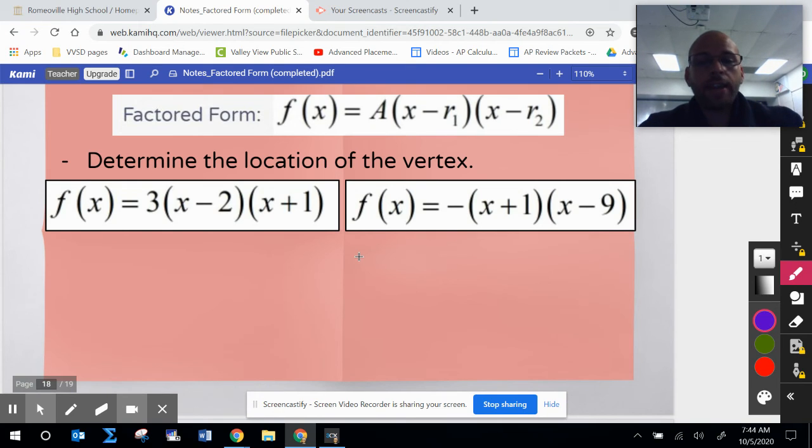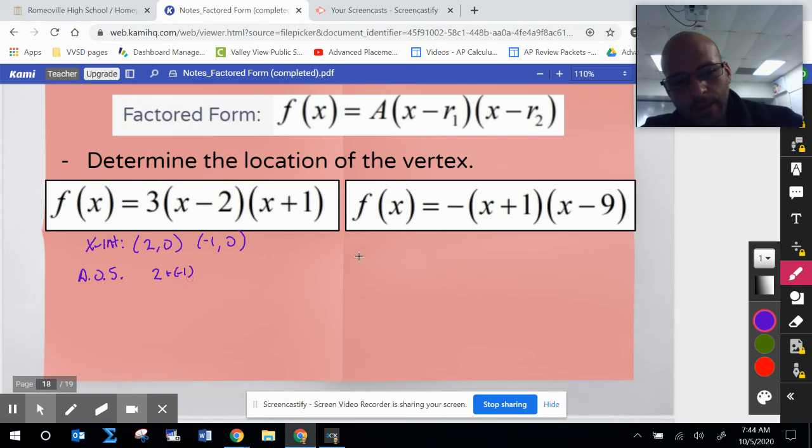Well, if I find the axis of symmetry, so we had our x-intercepts, right? We're at 2, 0, and -1, 0. But then I found my axis of symmetry, right, by finding the middle of those two things.